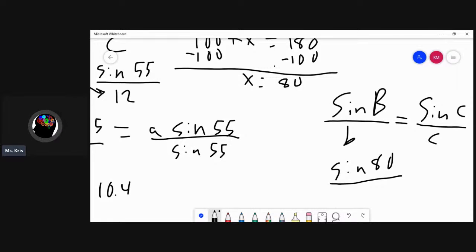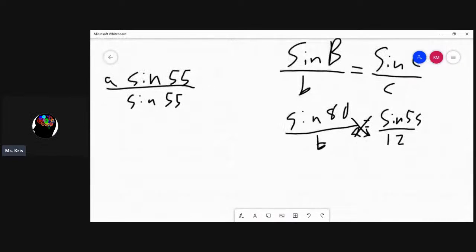Sine B is sine 80. And we are trying to find the side length of B, so we will denote it and leave it as B. Then, of course, you have sine 55. And that is over 12. We still cross multiply.